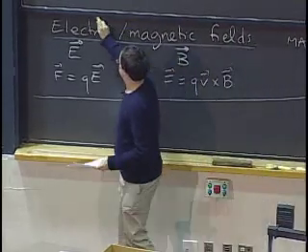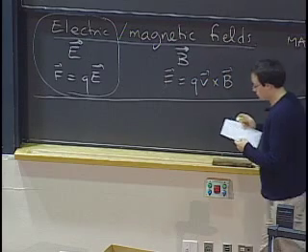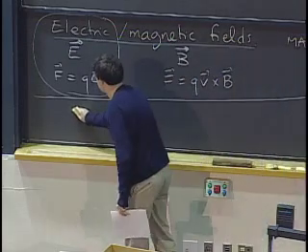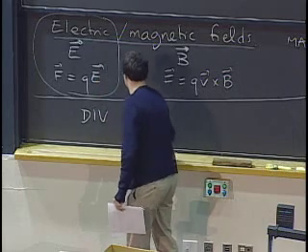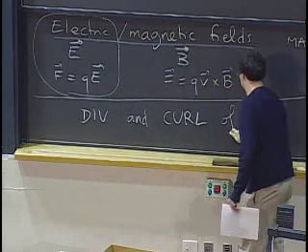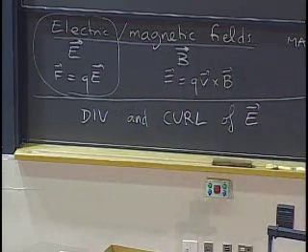So let me focus today on the electric field. Maxwell's equations actually tell you about div and curl of these fields. So let's look at div and curl of the electric field.